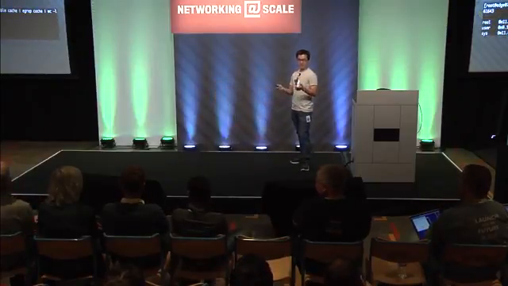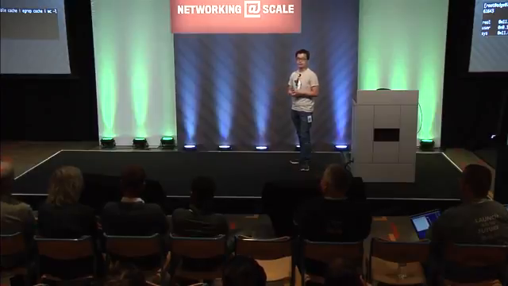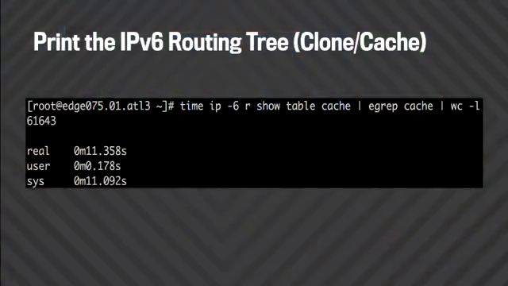The next slide is running a similar command on the same machine. The only difference is it appends a table cache in that ip -6 command. What it really does is ask the kernel, hey, show me everything. The last command I showed you in the last slide, the kernel will filter out all the cache routes, or what I call Kong routes.